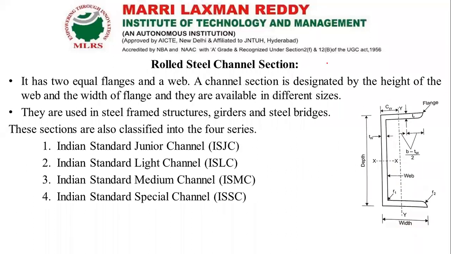It is a type of channel available in the shape of C. These also have a flange, web, and flange portion. Based on the element used, it can be classified as ISJC, ISLC, ISMC, and ISSC: Indian Standard Junior Channel, Indian Standard Light Channel, Indian Standard Medium Channel, Indian Standard Special Channel. These are all the classifications.